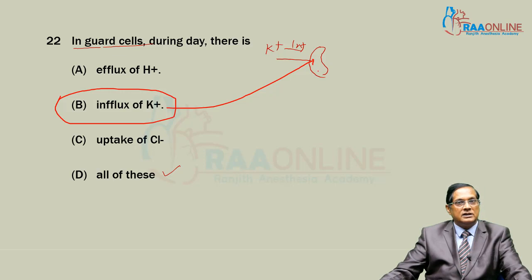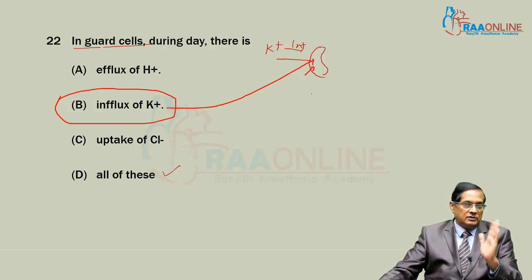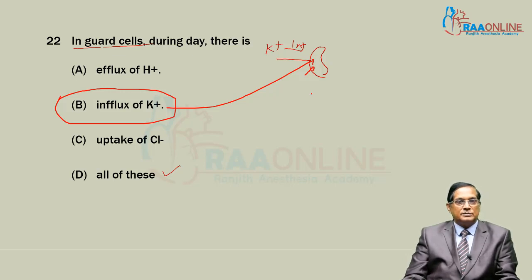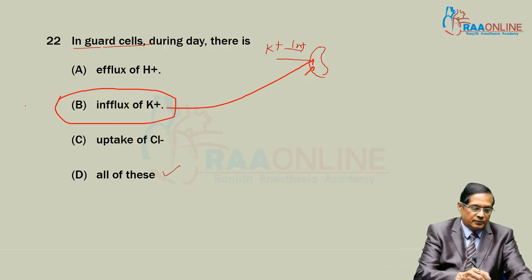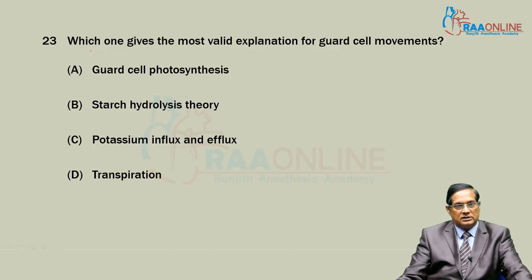Potassium malate increases osmotic pressure. If osmotic pressure is high in the guard cell, then endosmosis takes place. If water enters the guard cell, osmotically guard cells become turgid, and turgidity favors opening. So during daytime, generally there is influx of potassium in the guard cell.